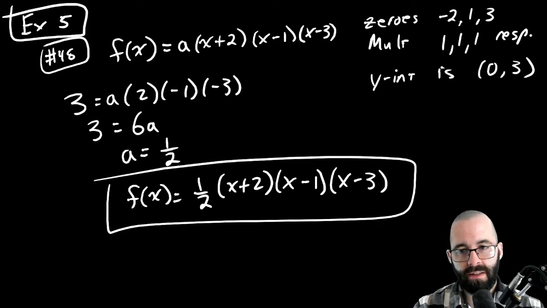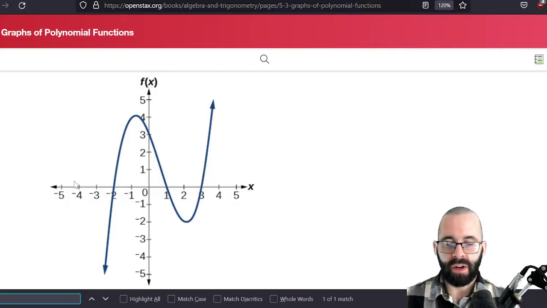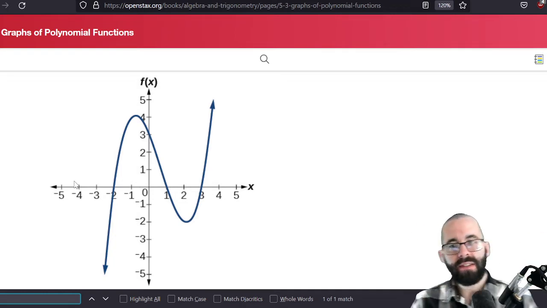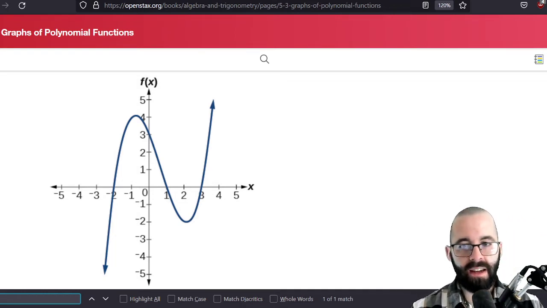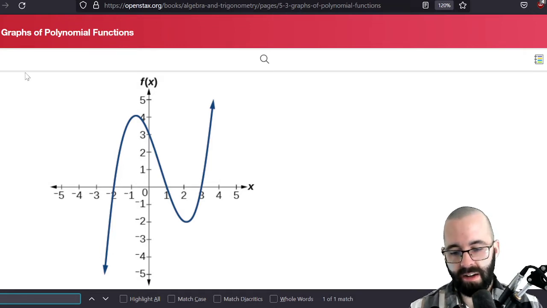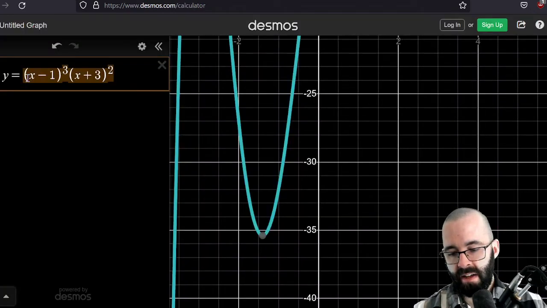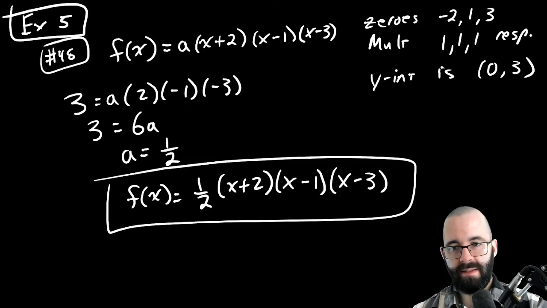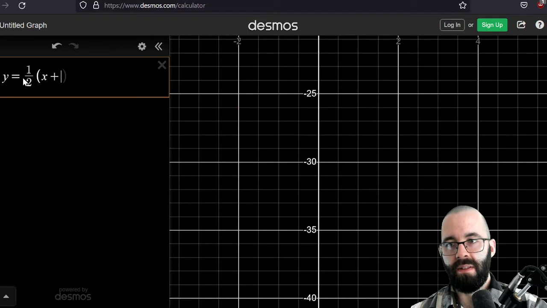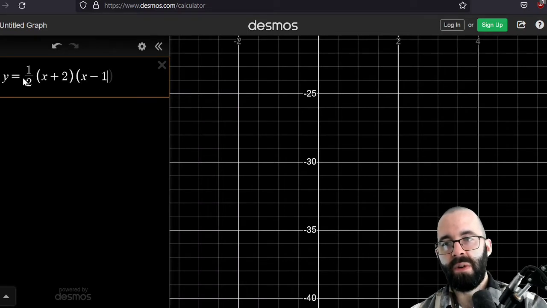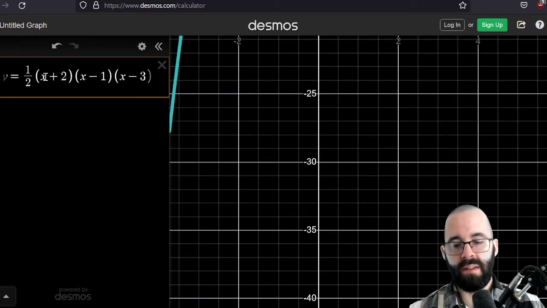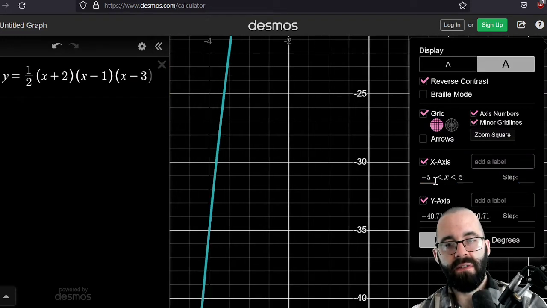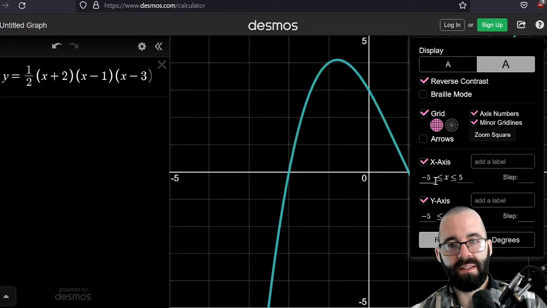Check your answer. To check our answer, again, we're going to use Desmos, and we're going to make sure that the scale on Desmos is the same as the scale on this graph: -5 to 5 for x and y. So our guess is 1/2 times x plus 2 times x minus 1 times x minus 3, looking at -5 to +5 and -5 to +5.